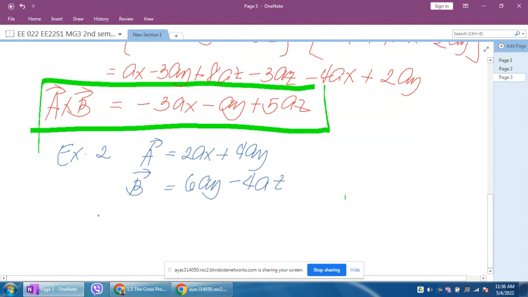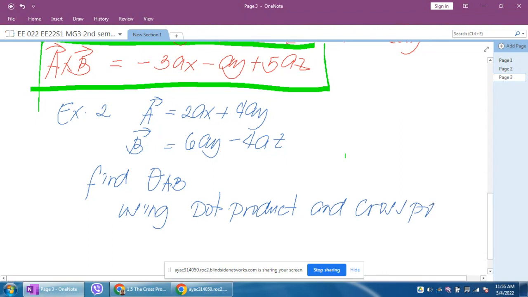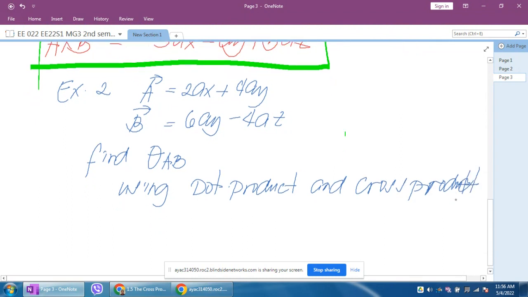So find the smaller angle, theta AB, using dot product and cross product. Ito po yung pinapagamit sa atin.